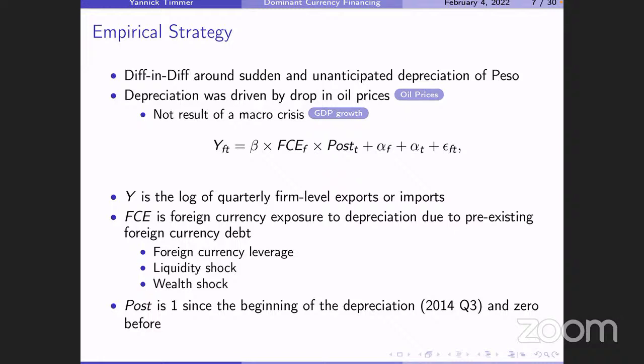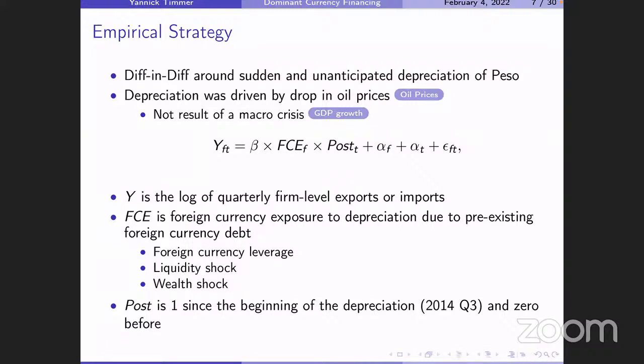So it's also not really a result of a macro crisis. It's not the case that Colombia was in a recession and that's why the exchange rate was depreciating. It was really an external factor that caused the depreciation in the exchange rate.